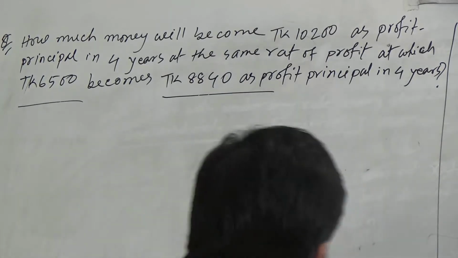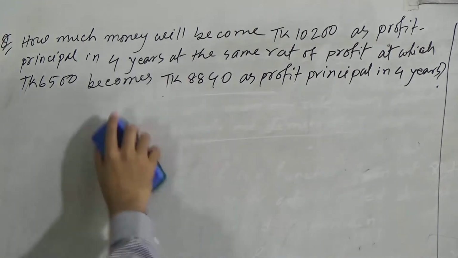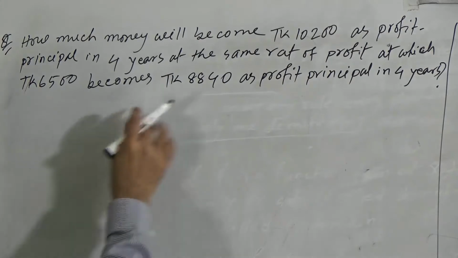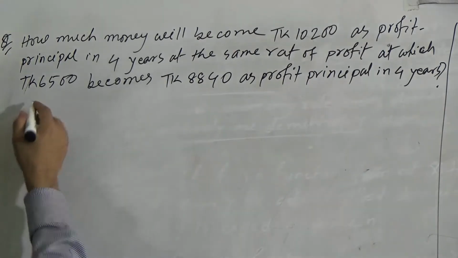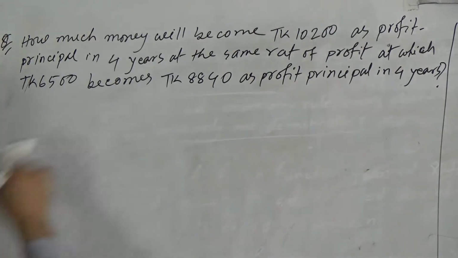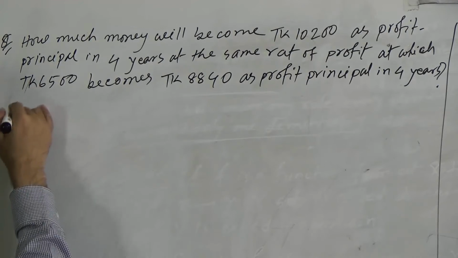So we can solve this question in this way. Now see, we have to start from the second part at first. When the principal and profit principal are given, we can determine the rate of profit. We can write here: solution.